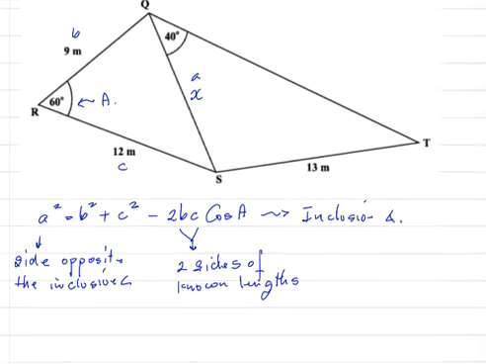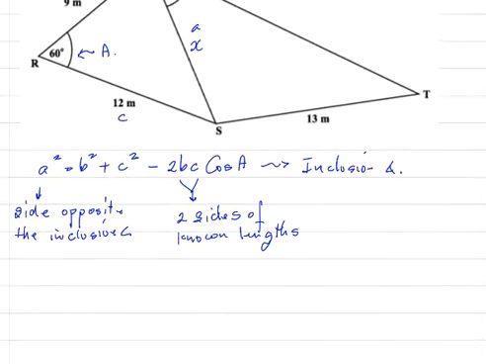So applying the cosine rule, I'm going to have a squared, which is x squared, is equal to 9 squared plus, sorry, that should be 12 squared, minus 2 times 9 times 12, the cosine of A, which is 60 degrees.